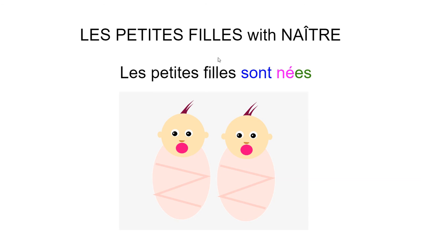Les petites filles sont nées. So, sont is the form être would take if conjugated with elles. The verb naître, its past participle, super irregular, right? So né, and because our subject is feminine plural, I added an E for the feminine part of it and an S for the plural part of it. So les petites filles sont nées.